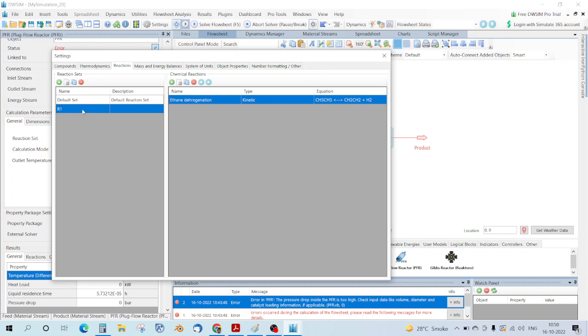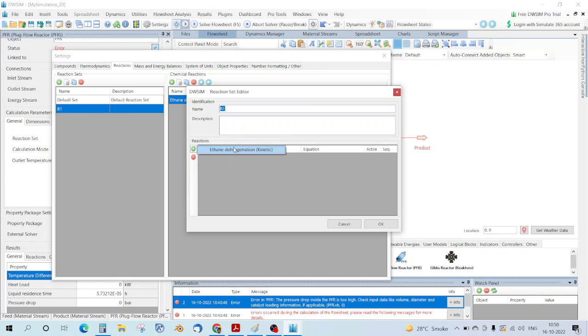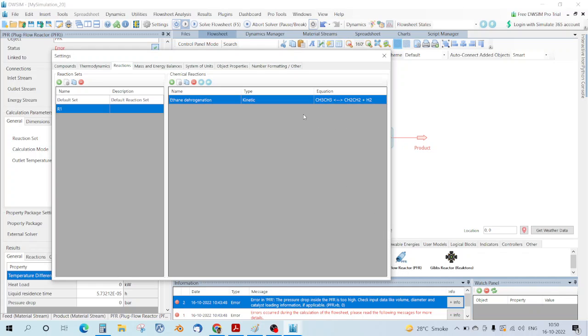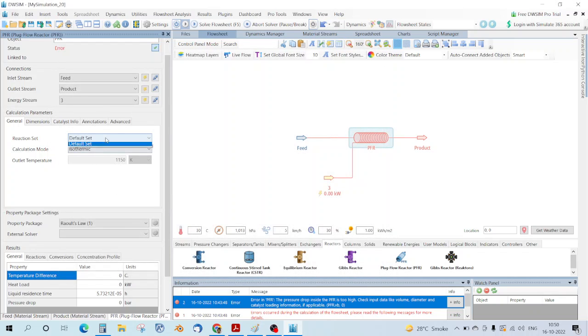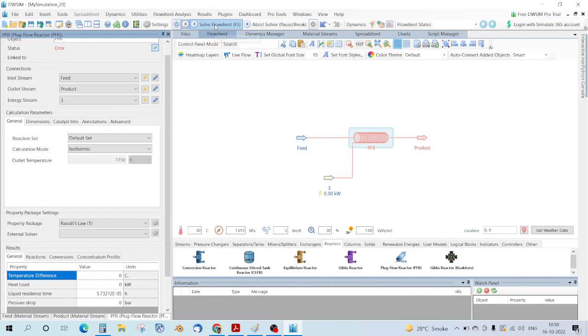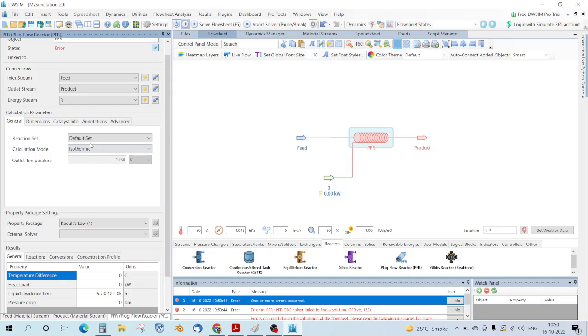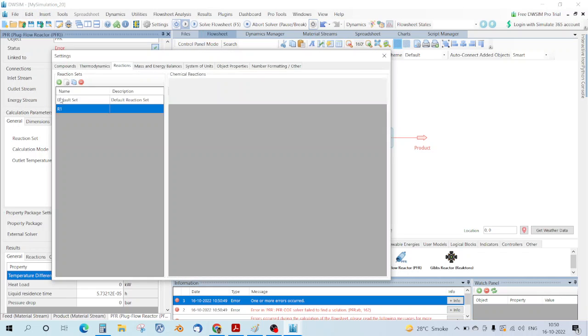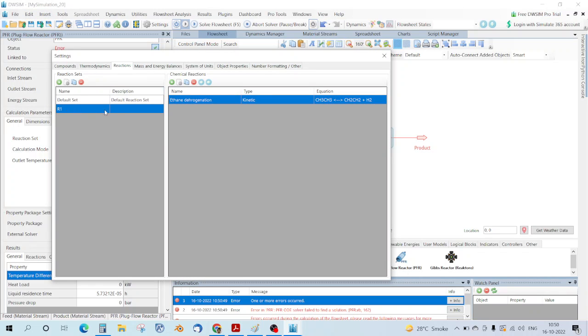So we have this in my reaction set. Let's add the reaction and click on OK. So we added the reaction in the reaction set. Okay, so we will choose this one. Let me just run it so that it refreshes. Okay, come on, please refresh. Sometimes it takes some time to refresh.